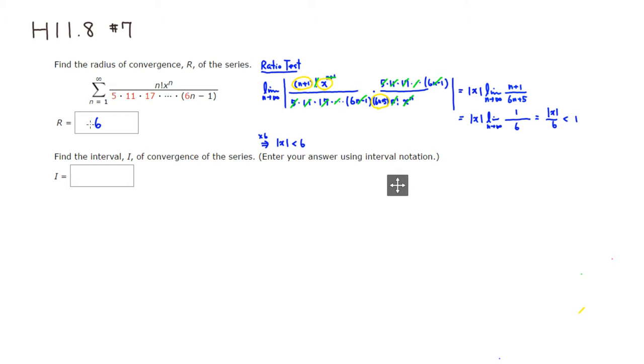Then we want to look at the endpoints. Let's turn this into an interval: x is between -6 and 6. Let's check the left endpoint.